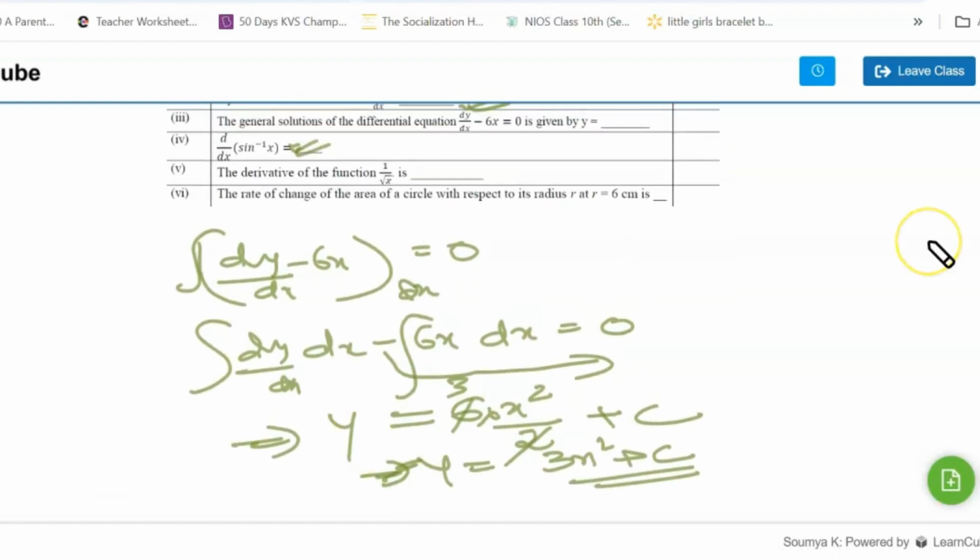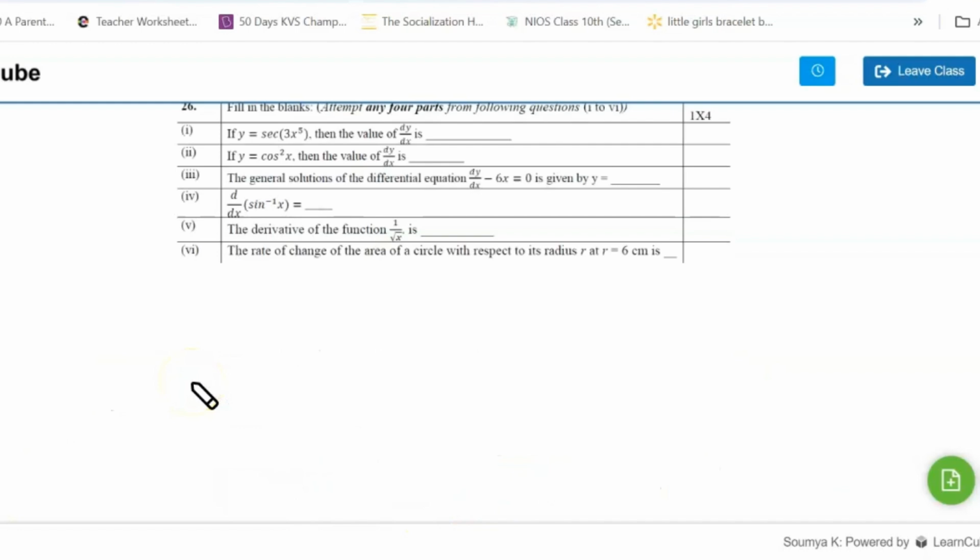This function already has a formula. For that, the formula is 1 by square root of 1 minus x square. These are the general formulas that are already available in the textbook. Now find the derivative of the function 1 by root x, dy by dx of this function.